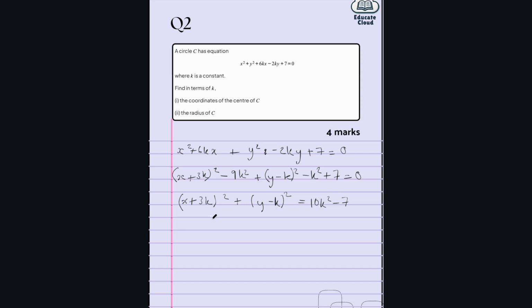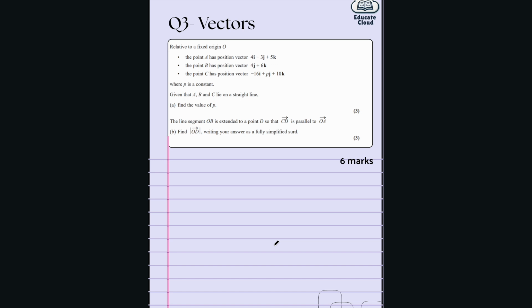Okay, so we know straight away from here that the center, it's the negative of the bracket, so minus 3k and plus k. And then for part II, we know that the radius is just going to be the root of 10k squared minus 7. Don't forget that root. Okay, so that's worth 4 marks, and I would say these are 4 marks that you cannot miss in the paper.